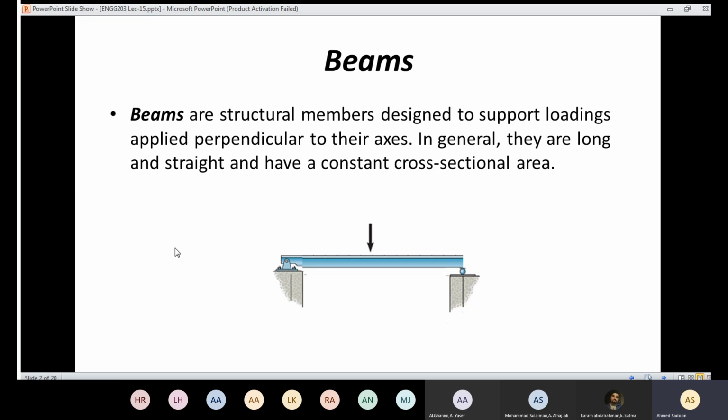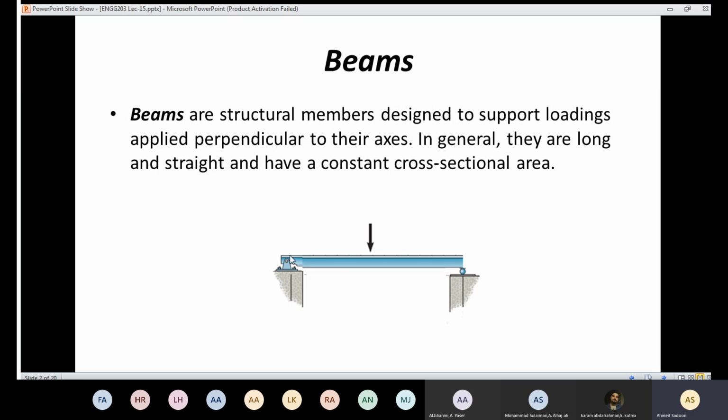So if you assume this line here represents the major axis of the beam, then the load here is going to be perpendicular to the main axis of the beam. That is how the beam is going to take the load. So if I have a beam, that means the beam is going to carry the load, with the load perpendicular to the main axis.